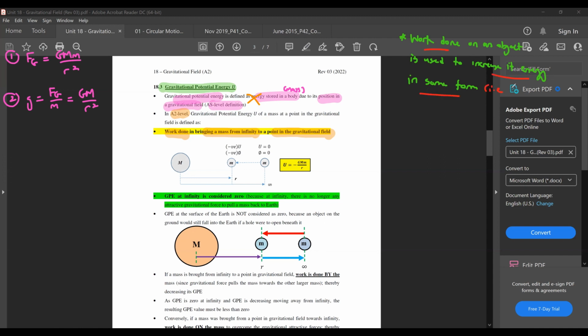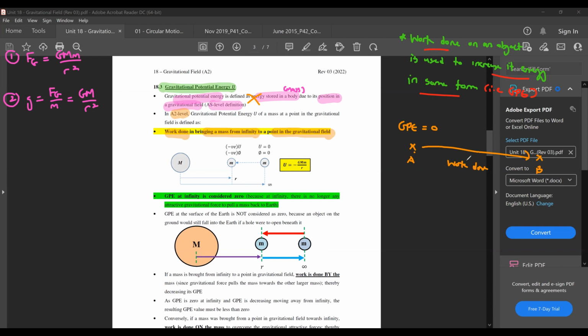Let's just say, for example, GPE. The idea is this. Let's say your GPE is 0 at a random point A, and then you bring it from A to B. It involves work done.